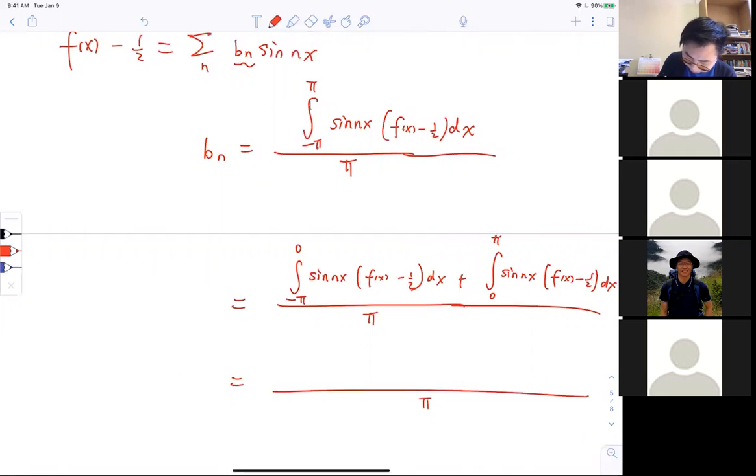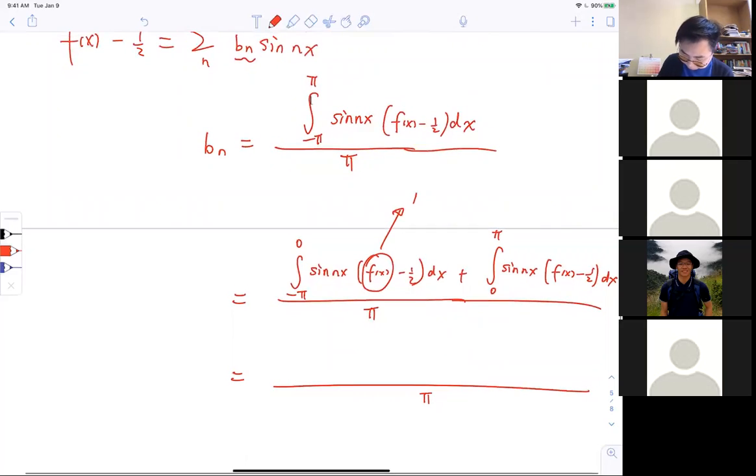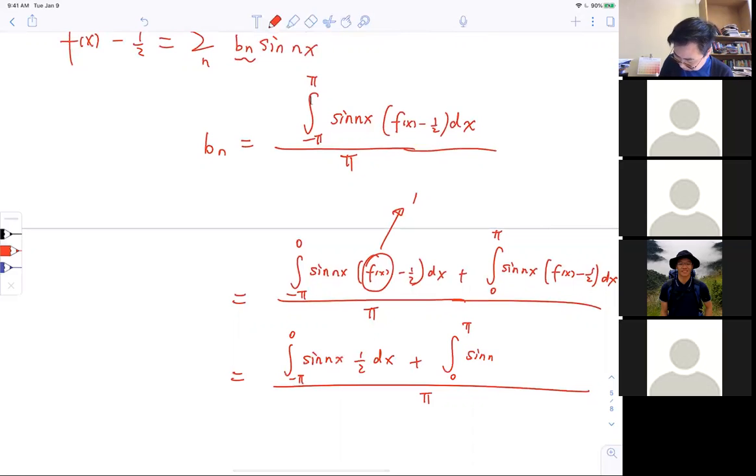So from minus pi to 0, this f(x) is 1, right? Then it's just 1/2 dx plus the integral from minus pi to 0 of sine nx.